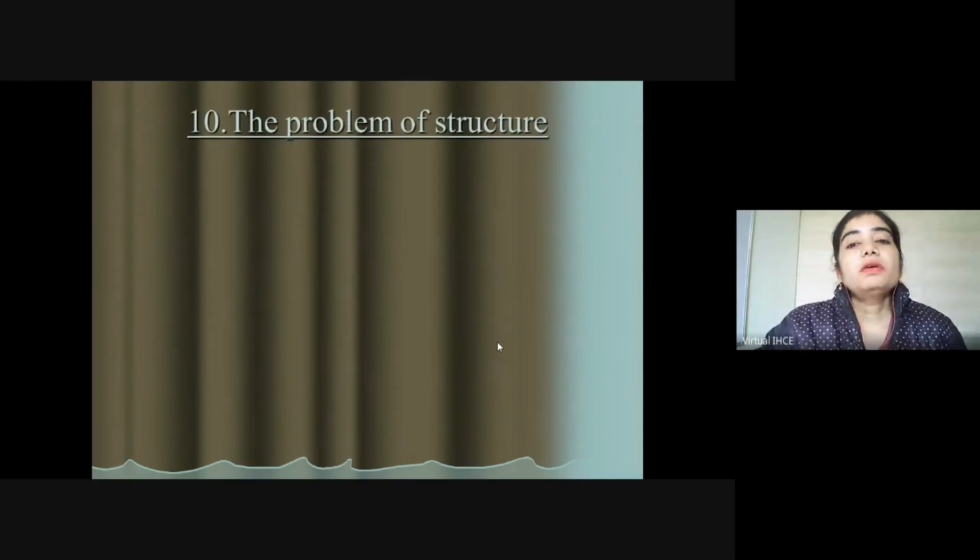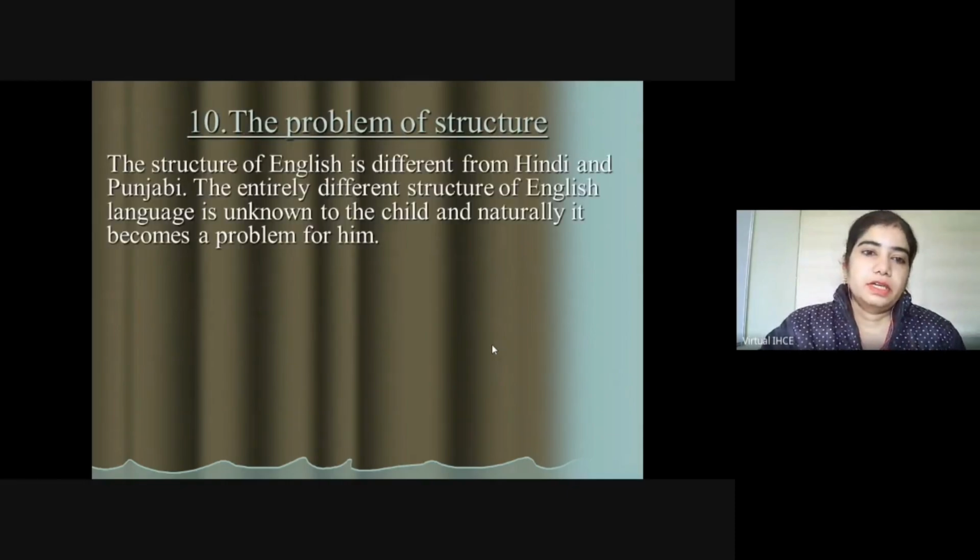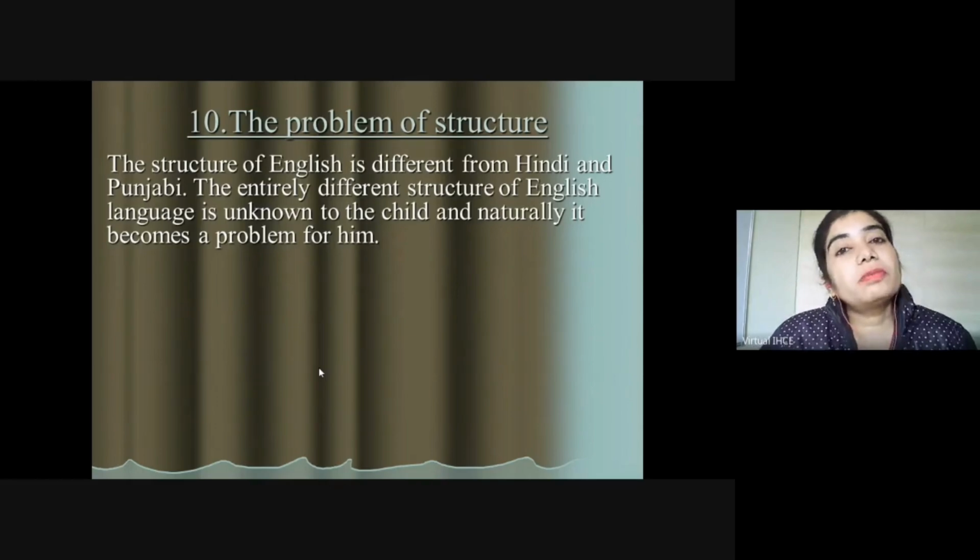Next is the problem of structure. The structure of English is different from Hindi and Punjabi. The entirely different structure of English language is unknown to the child, and naturally it becomes a problem for him. The structure of English, where the verb is placed, where the object is placed, or the subject of the sentence is placed, is different from Hindi.